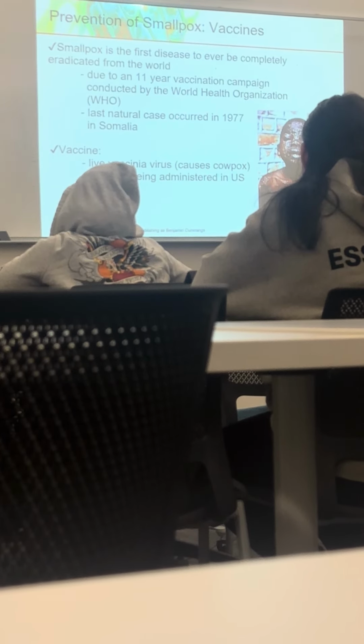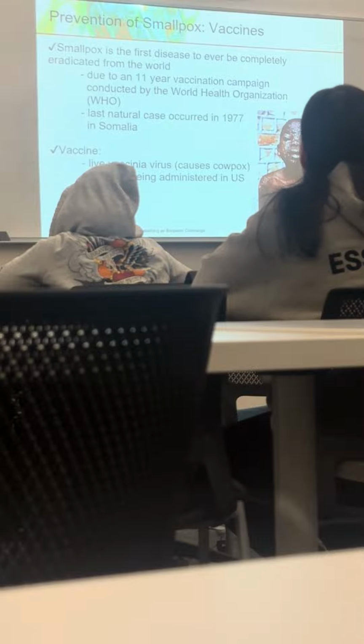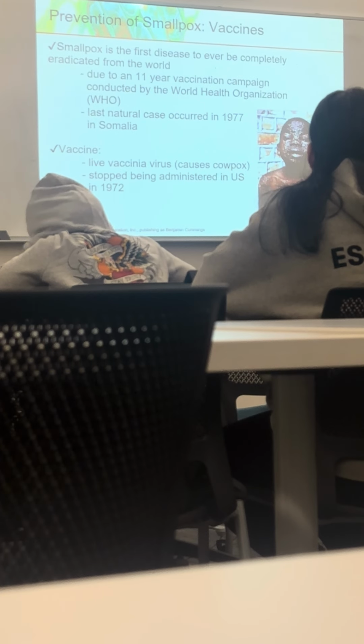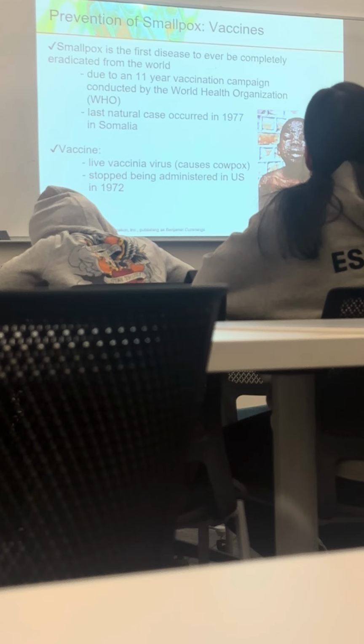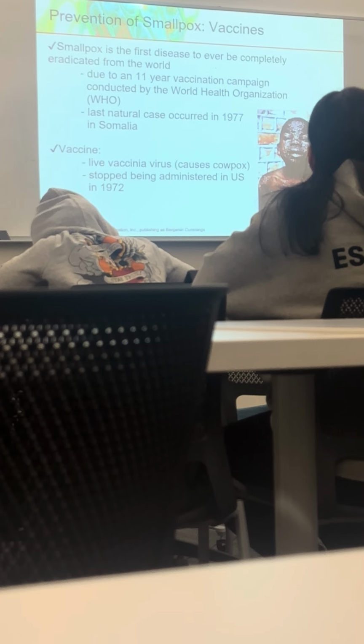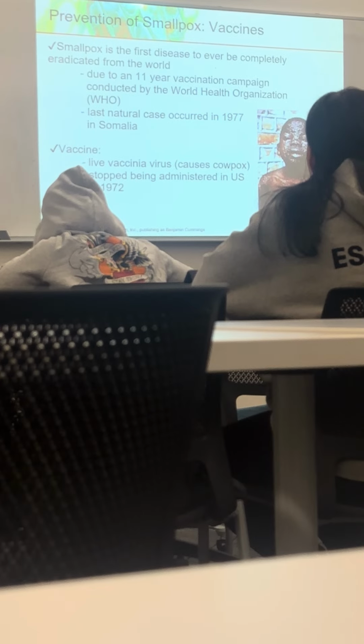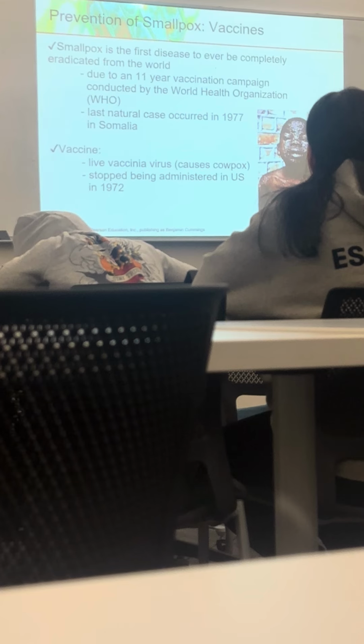We stopped giving the vaccine in 1972. I think the date for the last natural case is not 77, I think it's 67, and then we stopped vaccinating in 72. Was that in the US? Because that one was Somalia. The last natural case was in Somalia, but in the US we stopped vaccinating in 72.